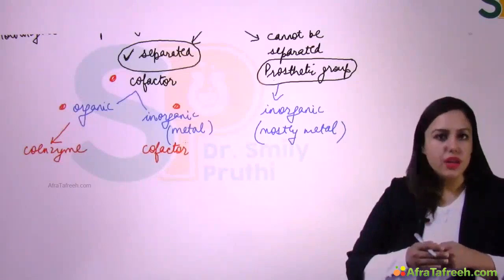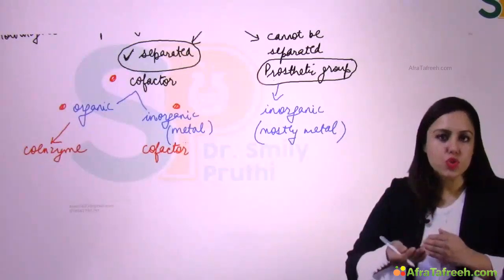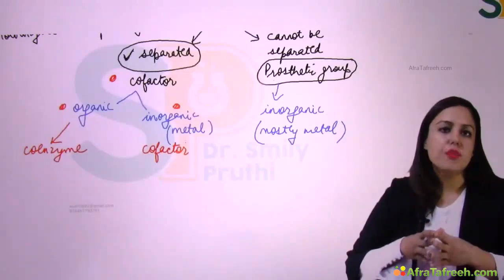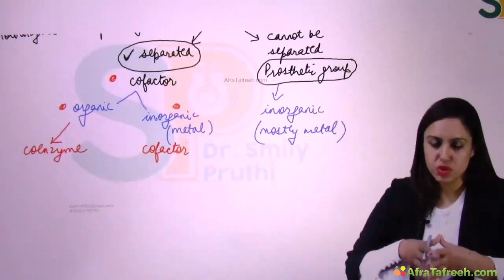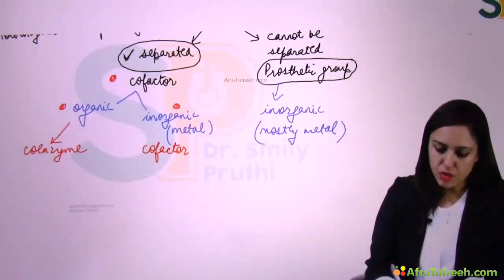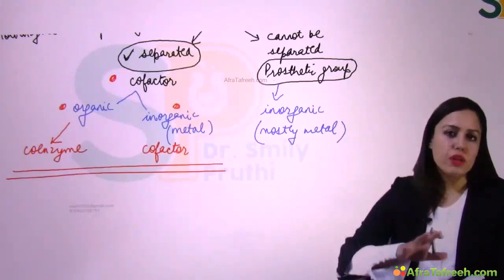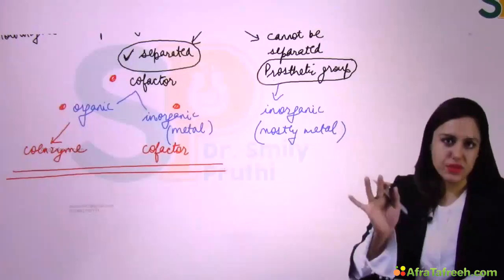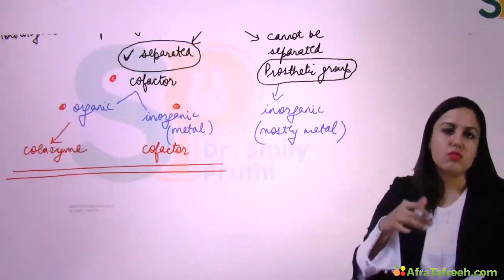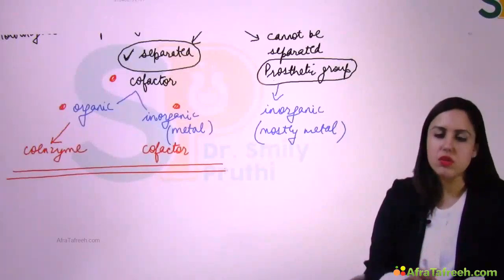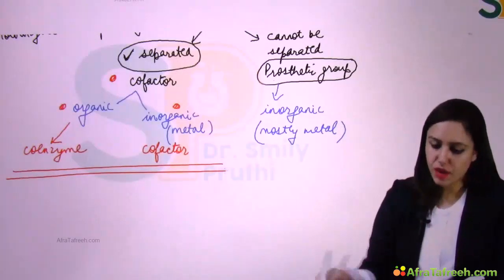If it is organic, then the name changes to coenzyme. If it is inorganic, then the same name cofactor is used, right? Therefore, the general term cofactor you can use at any place, whether it is organic or inorganic, so it is easy, right?